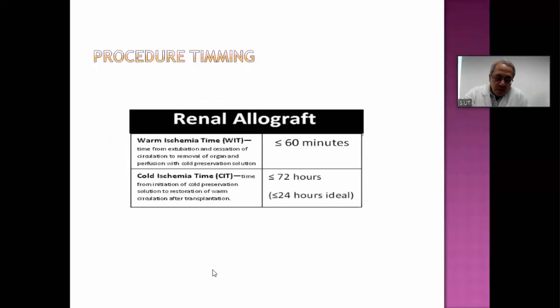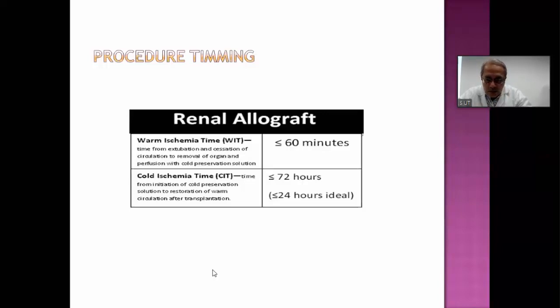You see these timings of warm ischemia as well as cold ischemia, they are for cadaveric donation. Now, when you do surgery on a living donor, you have both procedures, the donation as well as the recipient surgery, in two rooms which are very close to each other.